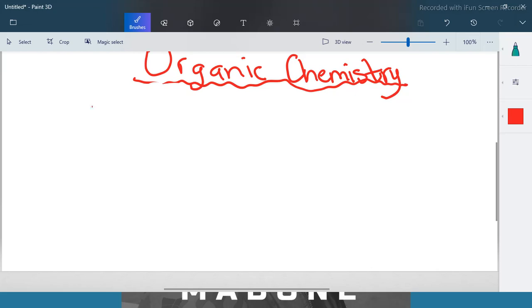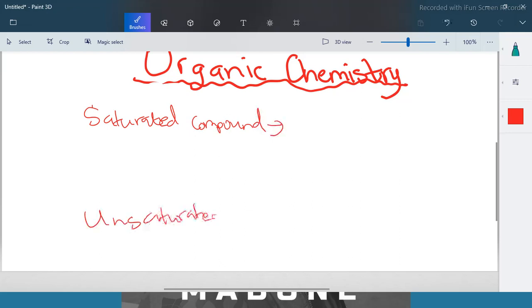But before I do that, I want to explain to you what is a saturated compound and what is an unsaturated compound. A saturated compound is a compound that only has single bonds.